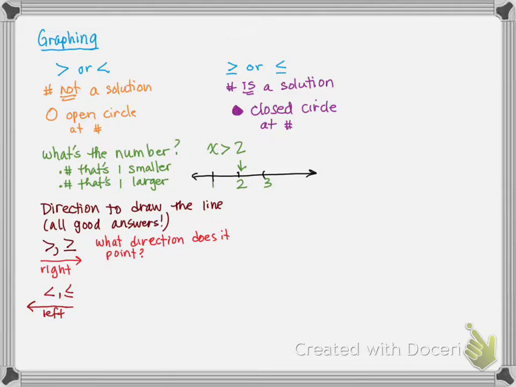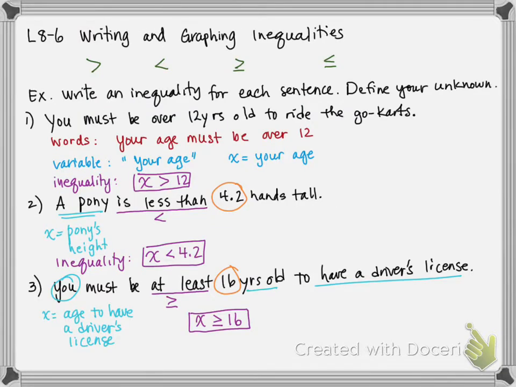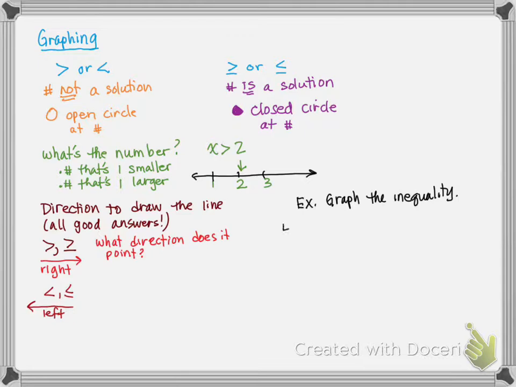You probably have more room at the end of your paper. I don't, so I'm going to go over to the right here. And the directions are going to say graph the inequality. So we're going to do 3 of these. So let's see, how many did we do over here? 1, 2, 3. So let's do 3 over here. So starting with number 4, let's do x is greater than 12.